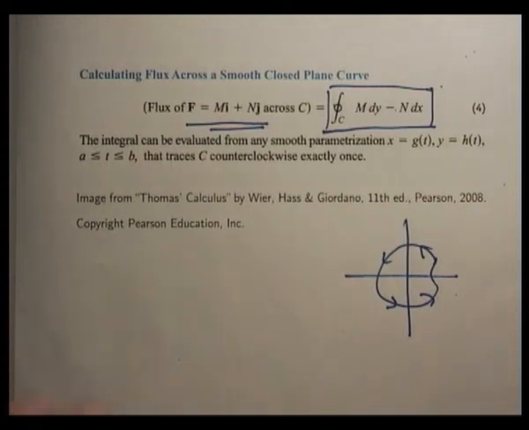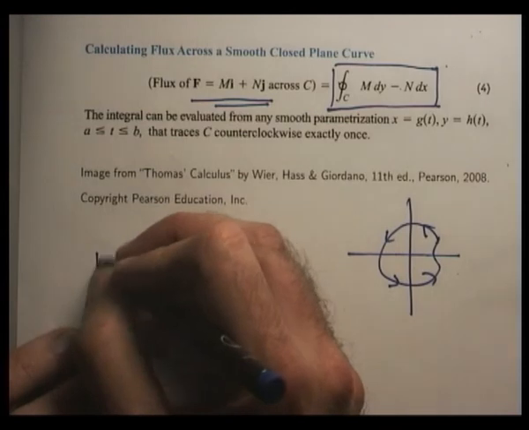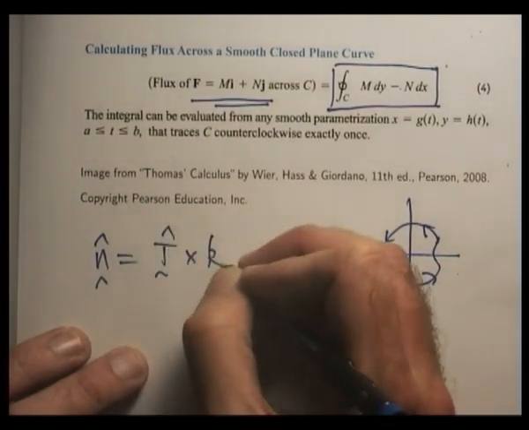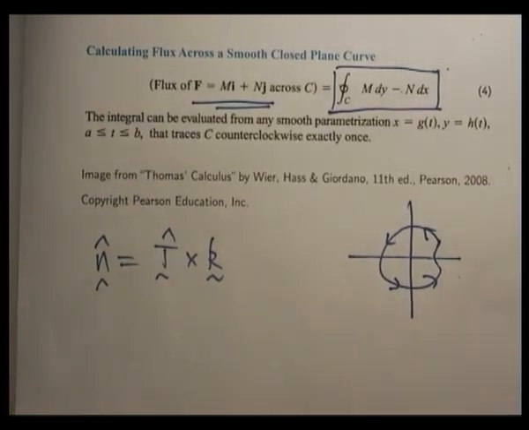As I said before, the unit normal can always be produced by the cross product of the unit tangent vector with the vector k. We're just working in the plane here, so things are simple.